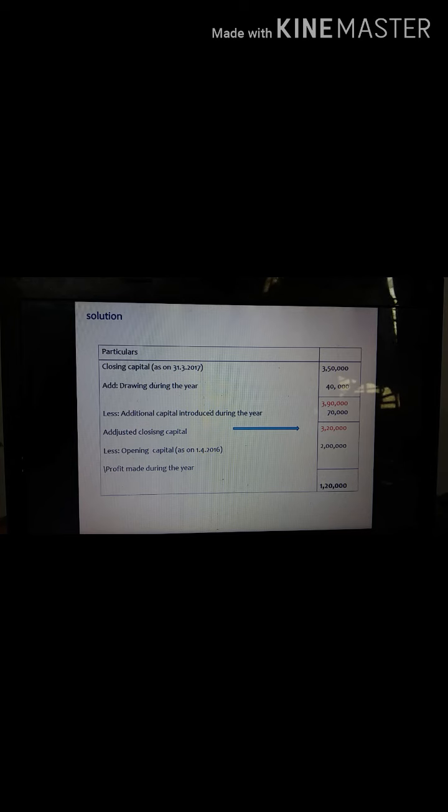From the adjusted closing capital you minus the opening capital, so you get a profit of 1,20,000. Likewise you have to find out the profit or loss through the statement of profit. This is an illustration problem.